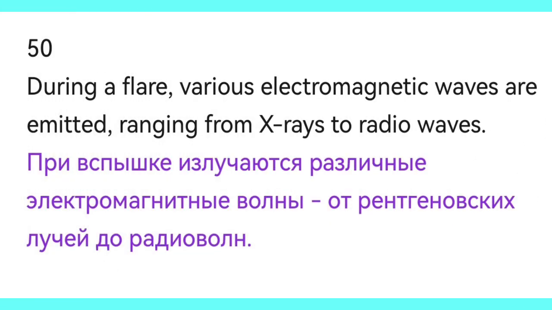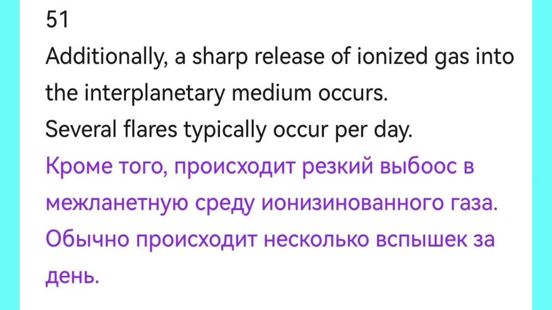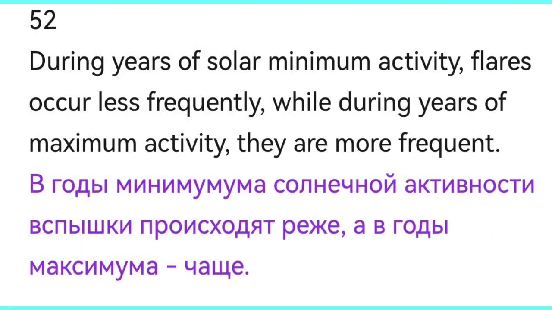During a flare, various electromagnetic waves are emitted, ranging from X-rays to radio waves. Additionally, a sharp release of ionized gas into the interplanetary medium occurs. Several flares typically occur per day. During years of solar minimum activity, flares occur less frequently, while during years of maximum activity, they are more frequent.